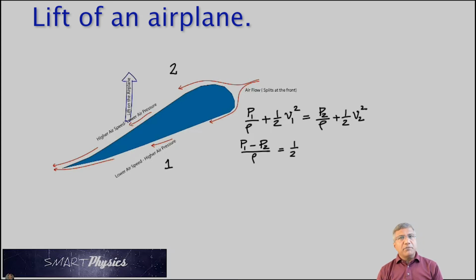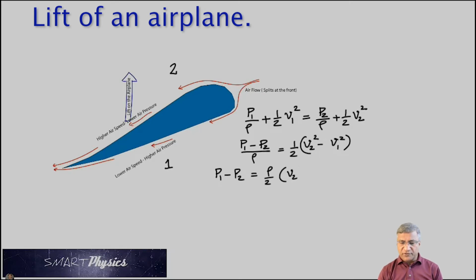We try to make P1 minus P2 the subject because we're trying to find the difference in pressure between points 1 and 2. In order to do that, you bring P1 minus P2 to one side and you get this formula, rho by 2 times (V2 squared minus V1 squared), where V1 is the velocity of flow below the wing and V2 is that above the wing.